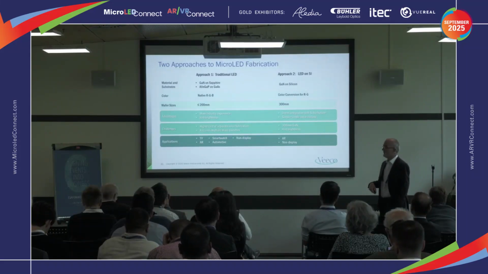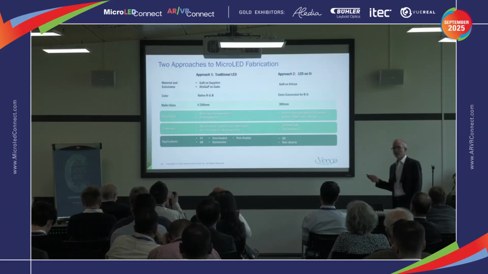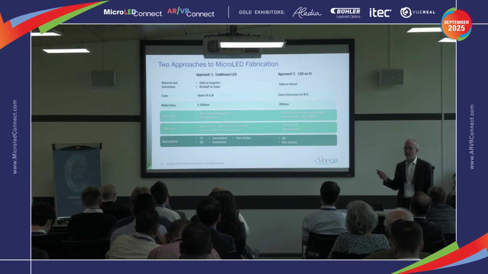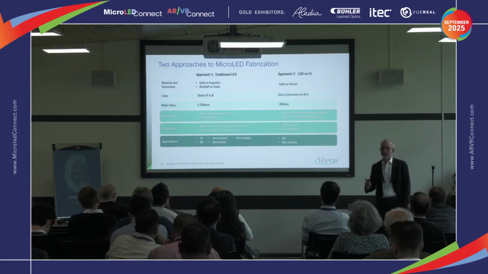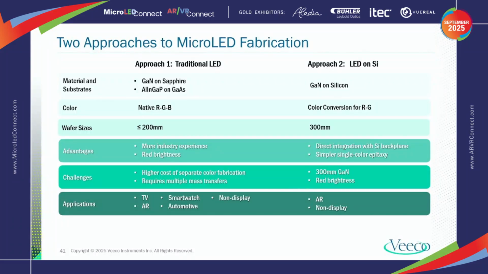Before I go into a description of our product line, I want to acknowledge the two main approaches to fabricating microLEDs that exist today, and some of these have also already been discussed earlier in the day. The first one is the more traditional approach of making traditional LEDs through GaN on sapphire for blue and green, as well as AlInGaP on gallium arsenide for reds.